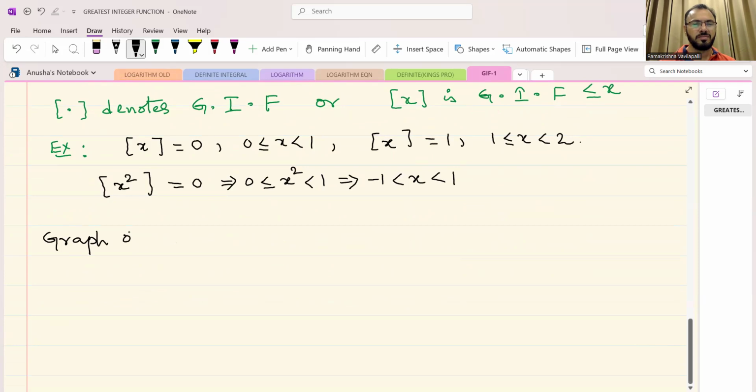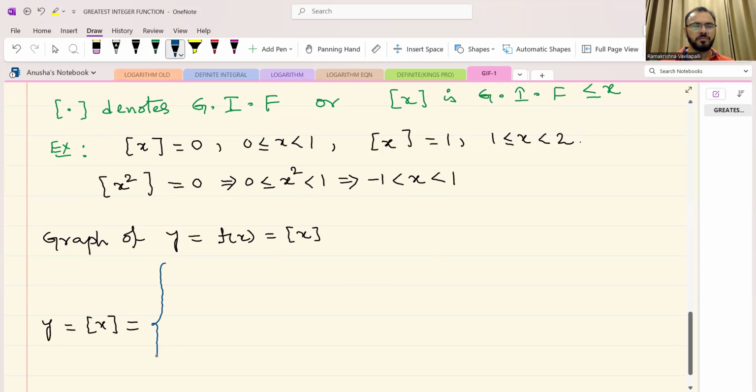Graph of y is equal to f of x equal to integral part of x. Okay, here I am going to write a few values that y is equal to integral part of x. I am taking a few outputs and accordingly I will write the inputs. Okay. So suppose the output is 0. What is the input? Input is not a single value.